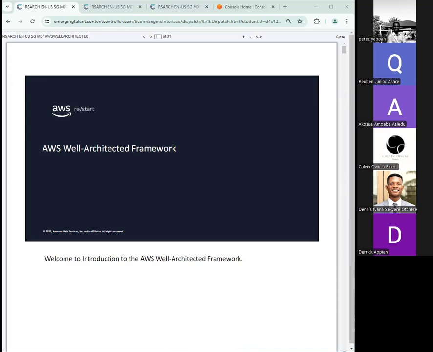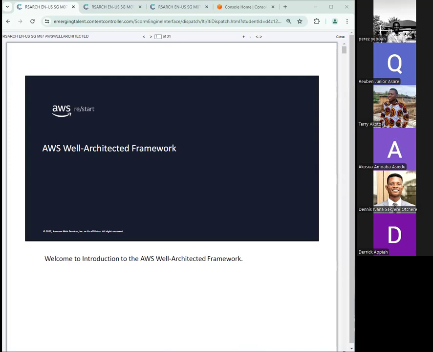Okay. Perez, hello, good morning. Good morning. On Monday, we looked at the cloud adoption framework, and we said that they were guidelines that help us develop efficient and effective plans throughout our cloud journey.